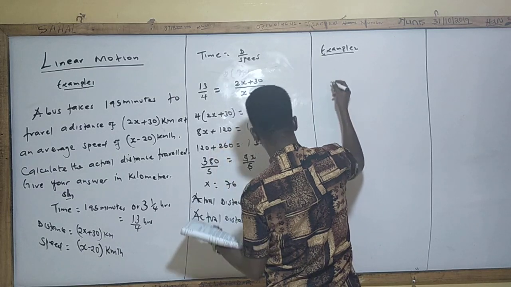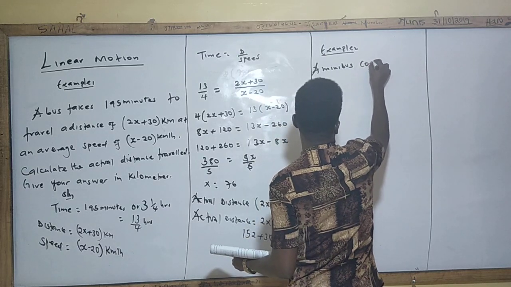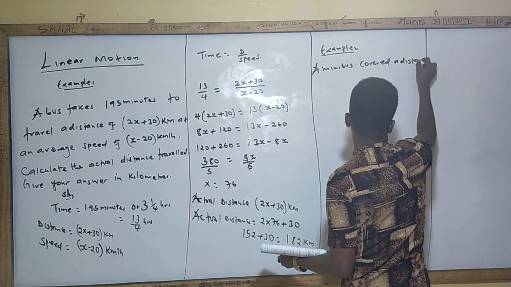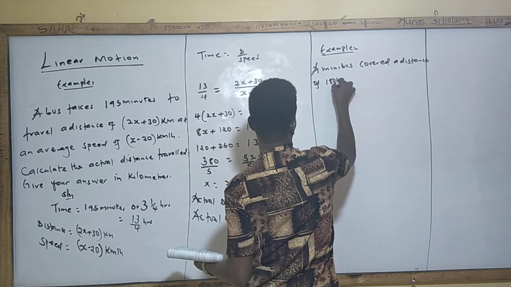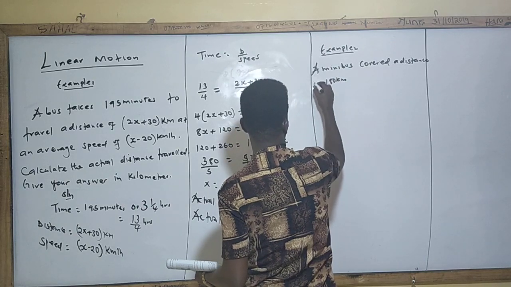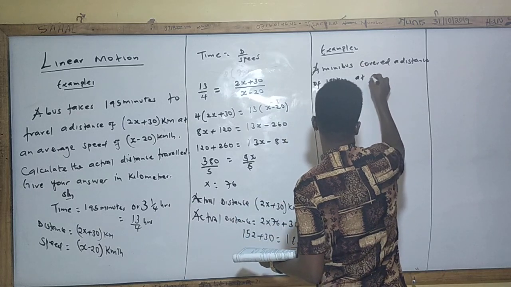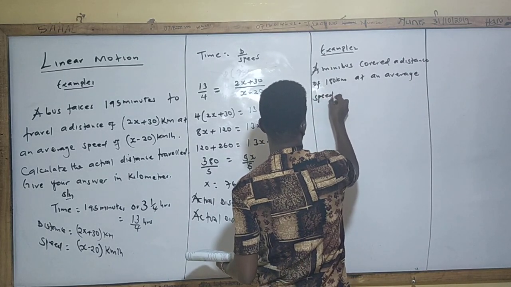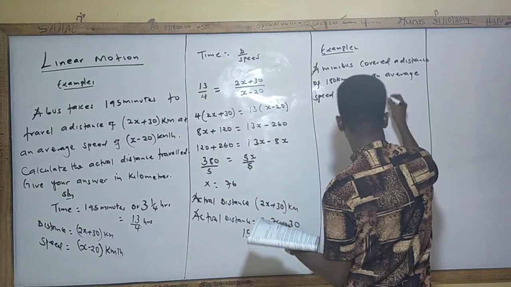You are told a minibus covered a distance of 180 kilometer at an average speed of 90 kilometer per hour. Okay, full stop.